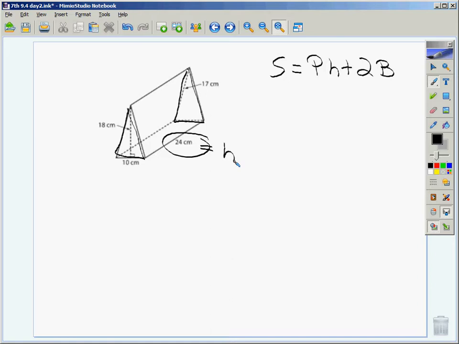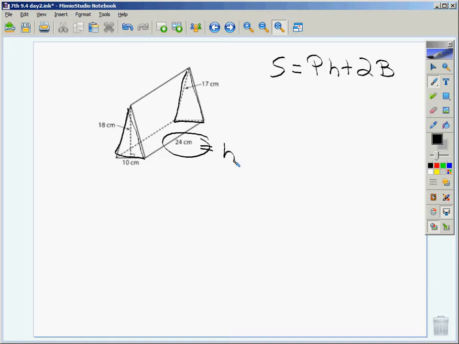Even at a cylinder, the height of the cylinder is the distance between the two circles. If I lay the cylinder on the side, does it change the height of the cylinder? No, it's still the distance between the two circles. That's what you're seeing here, except instead of being a circle, it's a triangle.